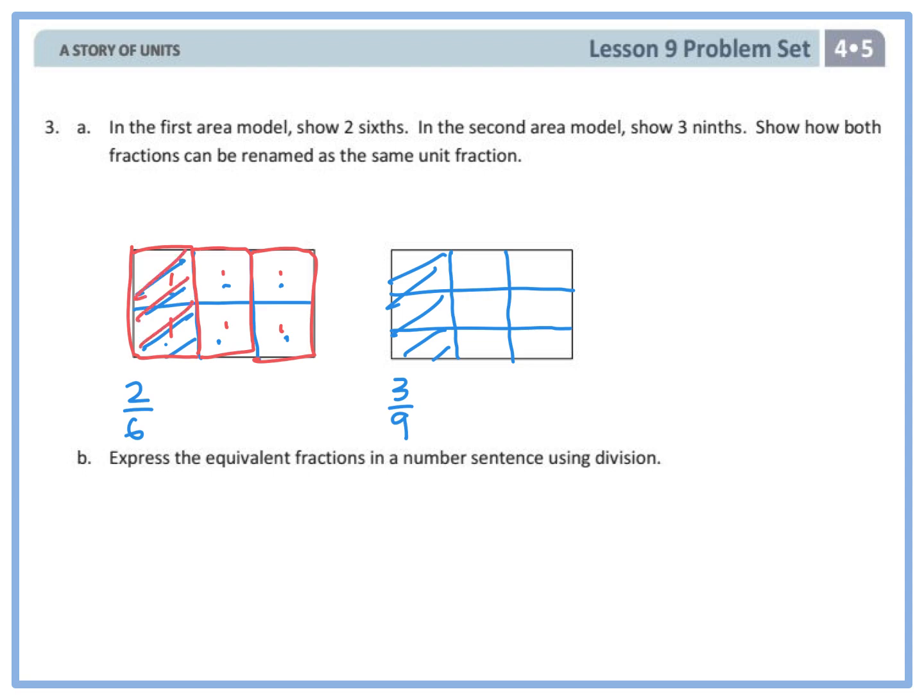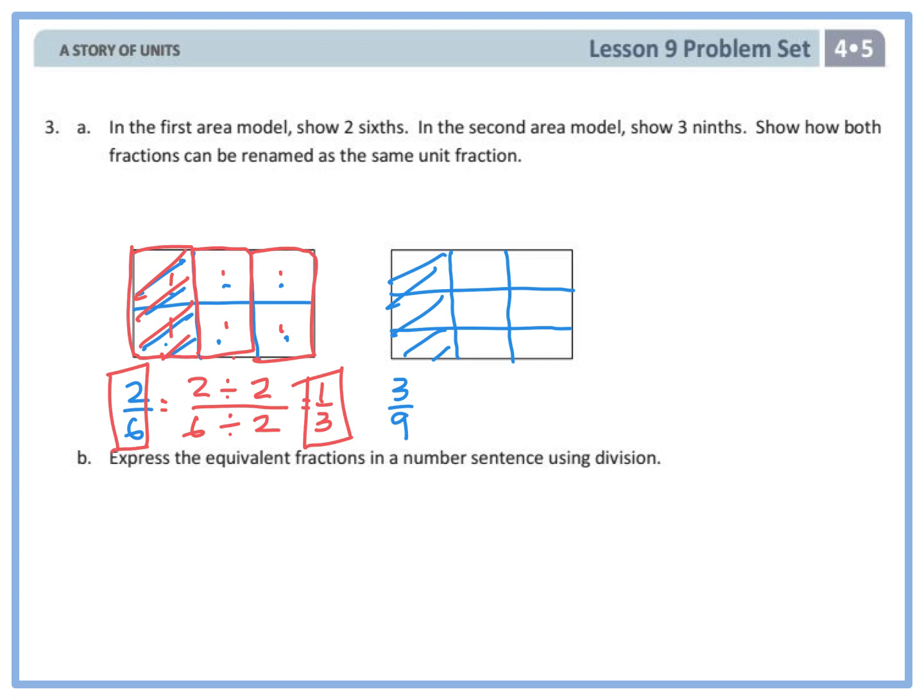But now I have a total of 1, 2, 3 units and 1 shaded. So we know what that means. I say 2/6 divided by, 2 divided by 2 is 1, and 6 divided by 2 is 3. So I'm showing that 2/6 is equivalent to 1/3.